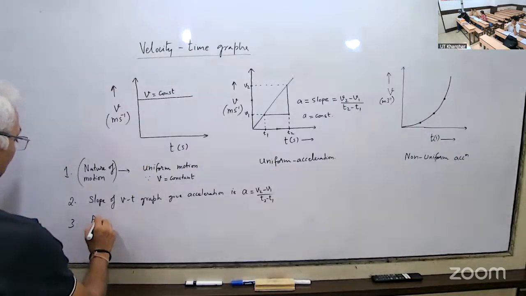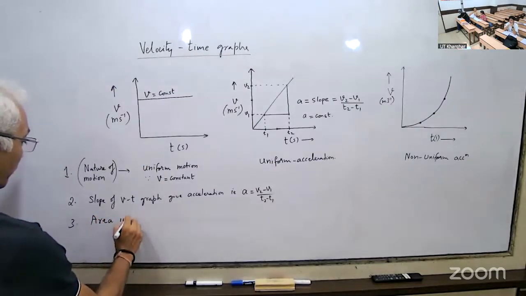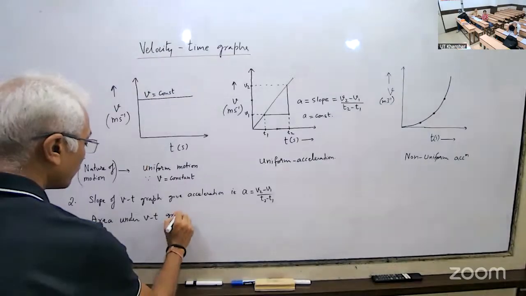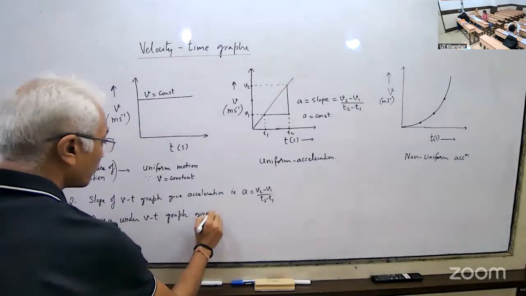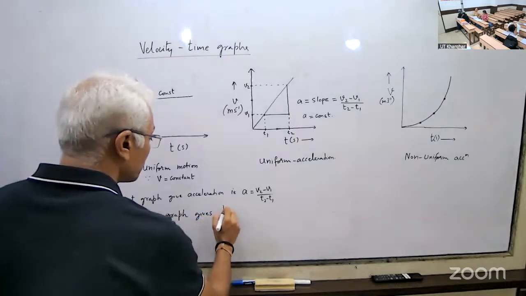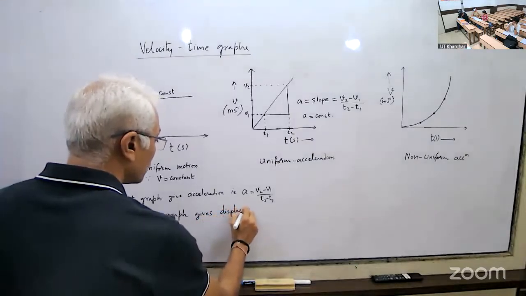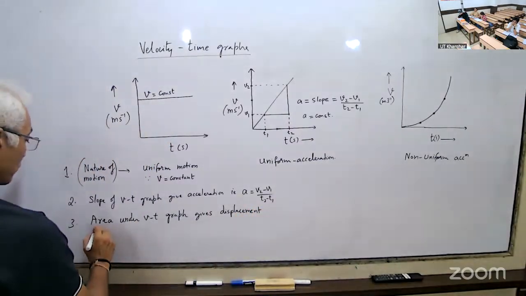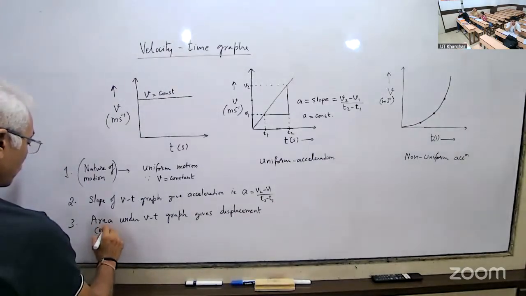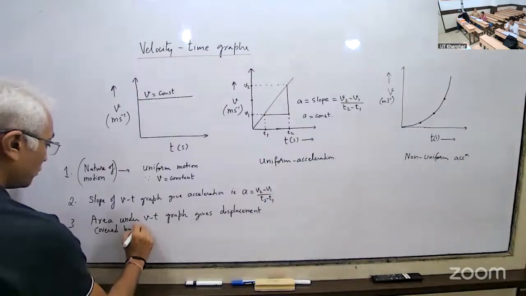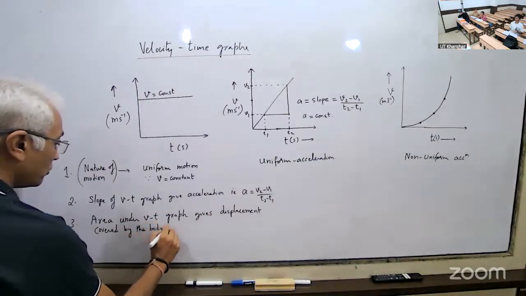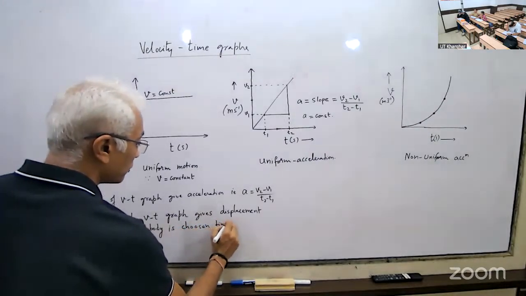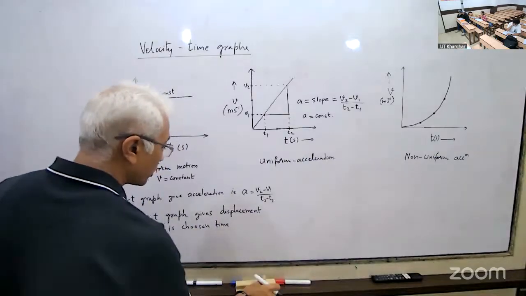Area under the VT graph gives displacement in the chosen time interval.